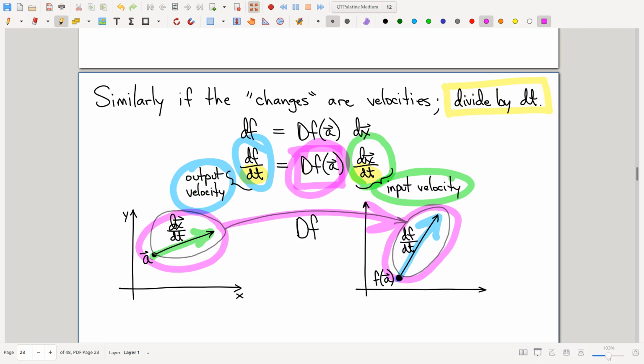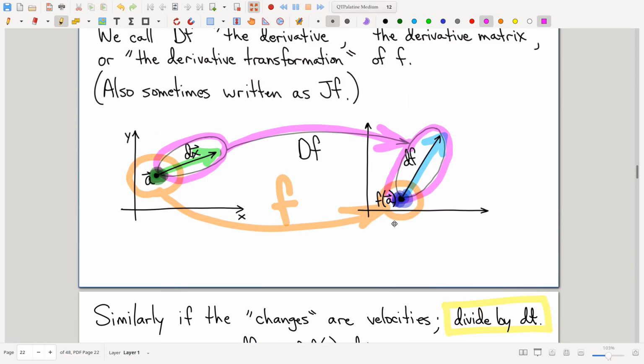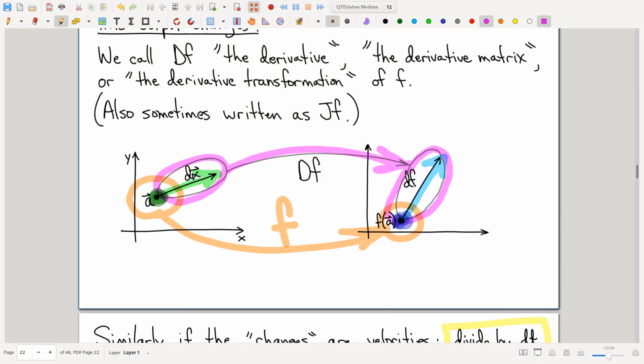I find it more intuitively satisfying for basically one reason, and that is that here, DF is an estimate of how much F has changed. It's not exact. This is an approximation. The real change in the function is not actually going to be there.